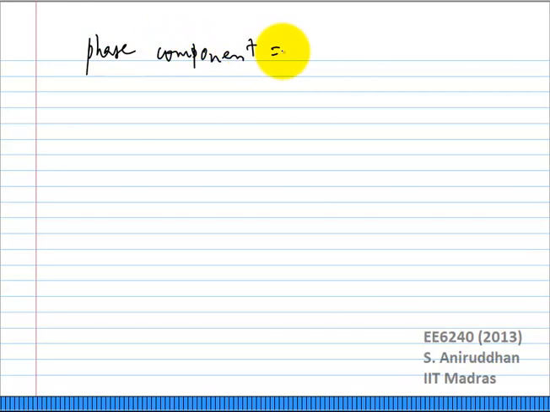So the phase component is 2kTR times omega naught by 2Q delta omega the whole squared.